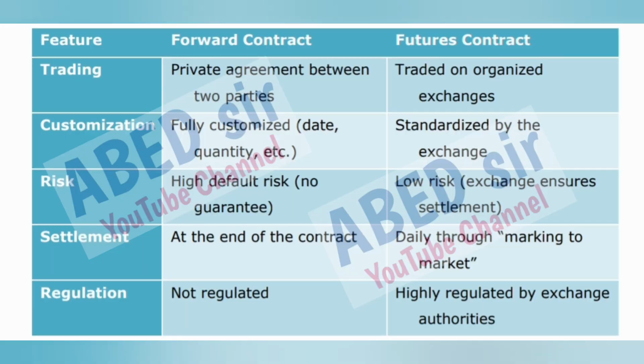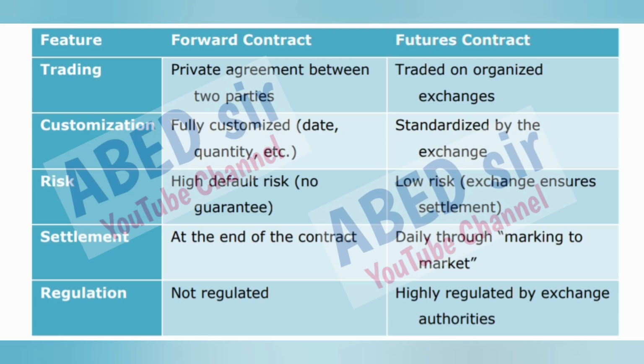Trading: private agreement between two parties, traded on organized exchanges. Customization: fully customized date, quantity, etc., standardized by the exchange. Risk: high default risk, no guarantee; low risk, exchange ensures settlement. Settlement: at the end of the contract; daily through marking to market.